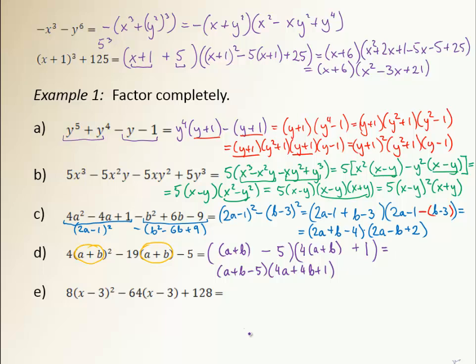The last example, again we have 3 terms and we have a common factor. Let's take this common factor, which is 8, outside of a big square bracket. So what's inside? Well, the first term x minus 3 squared minus 8 times x minus 3 and plus 16.